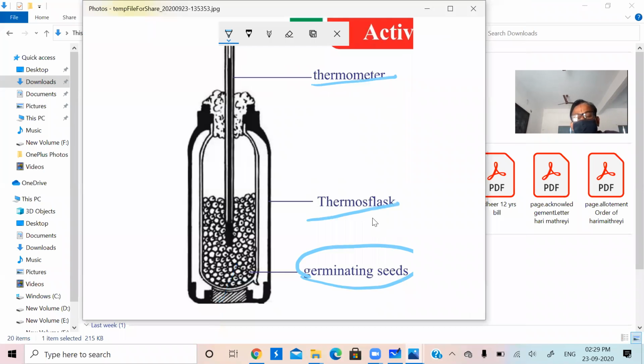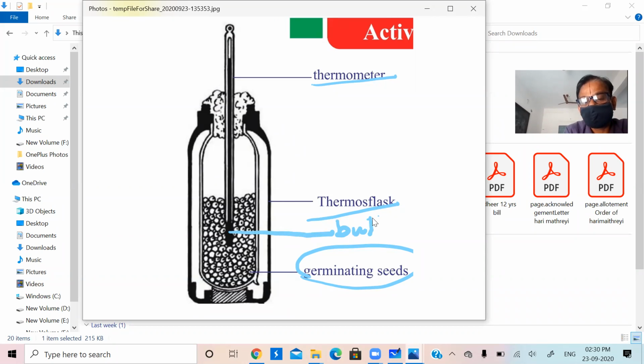So first, take the sprouted or germinating seeds and fill up to half in the thermos flask, and take a thermometer. Then immerse the thermometer bulb. This is the bulb of the thermometer.